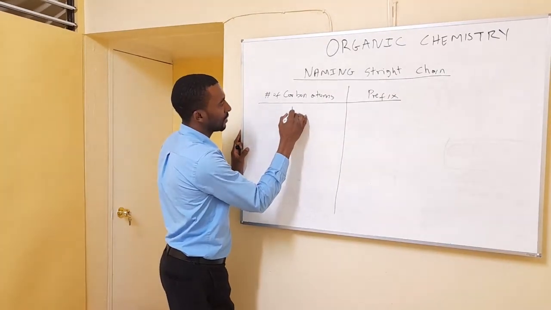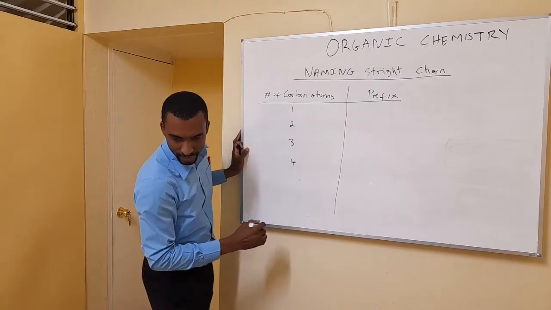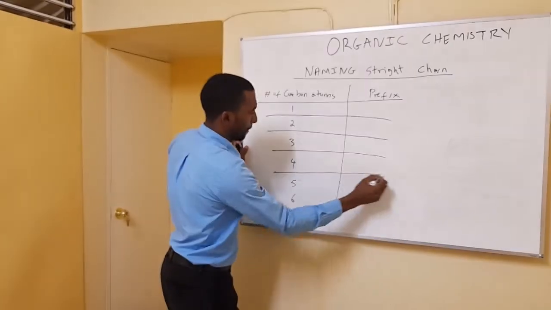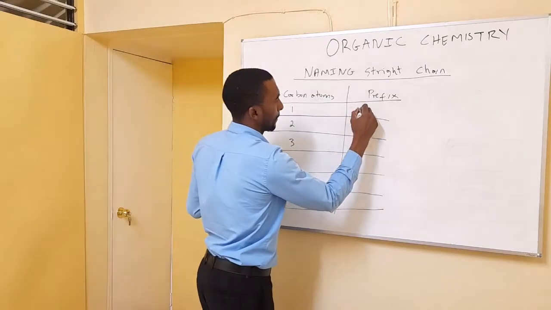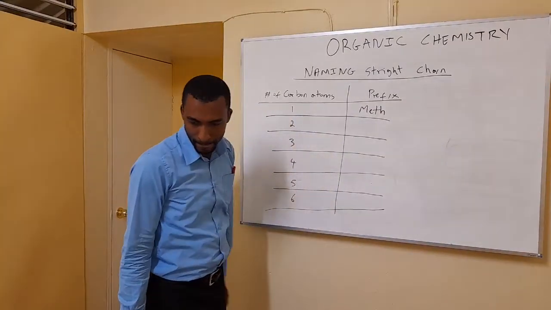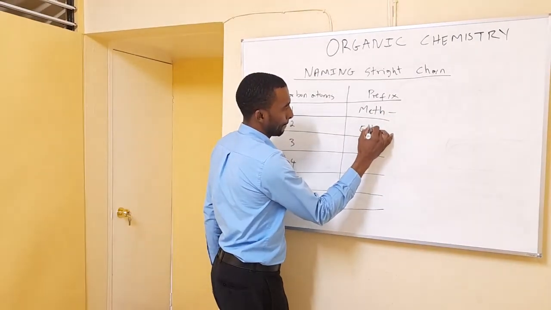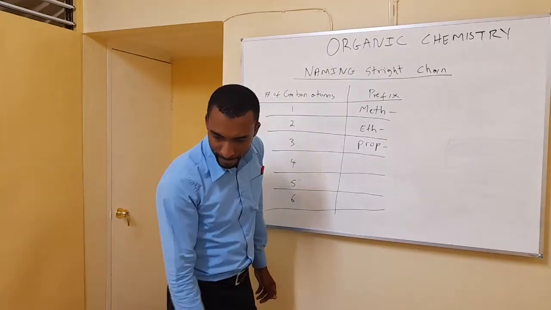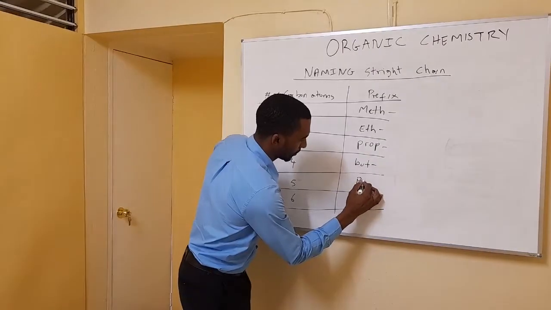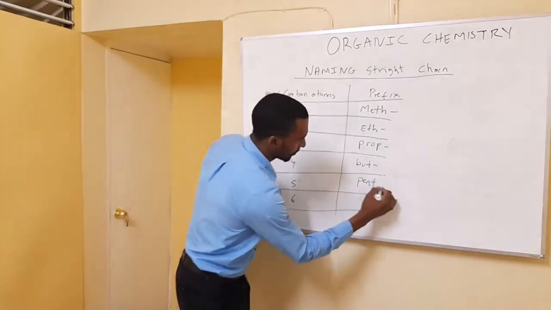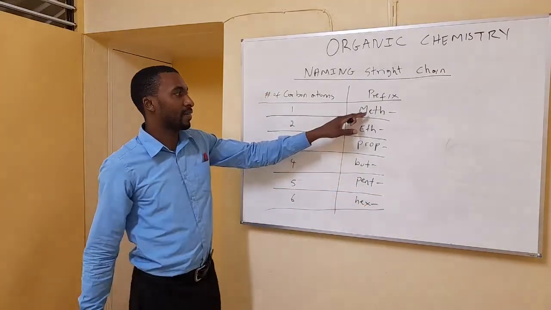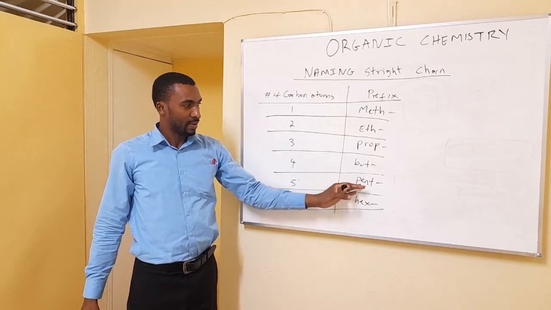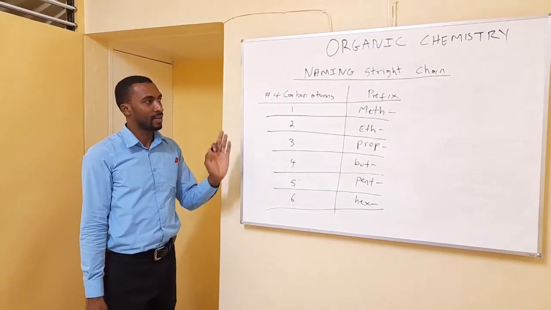So we have number of carbon atoms 1, 2, 3, 4, 5, 6, and we have meth, eth, prop, but, pent, and hex. Those are the prefixes that we will use.